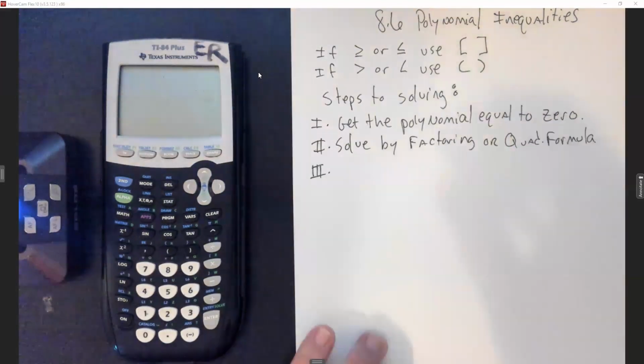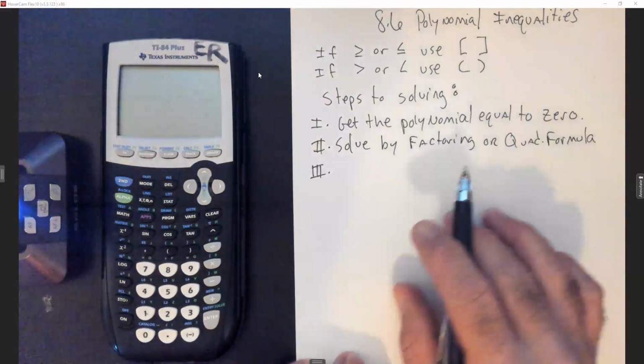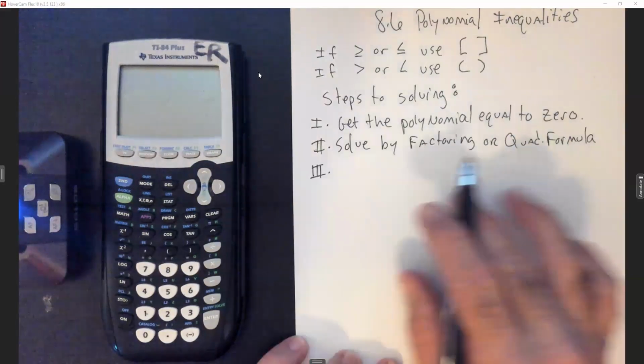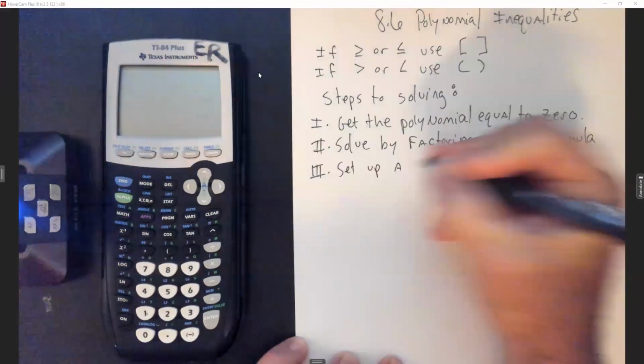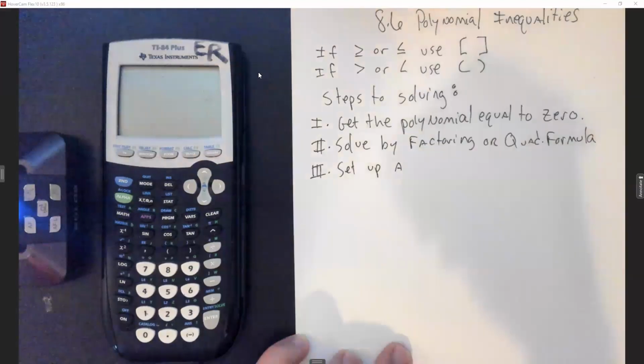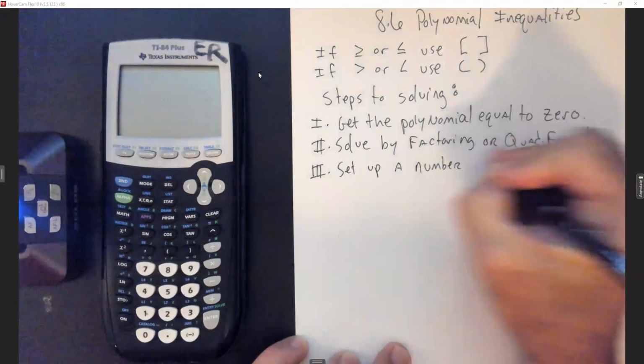So here's where you start getting into the inequality part of this. Once you have these solved, I'm going to set up a number line using the solutions.